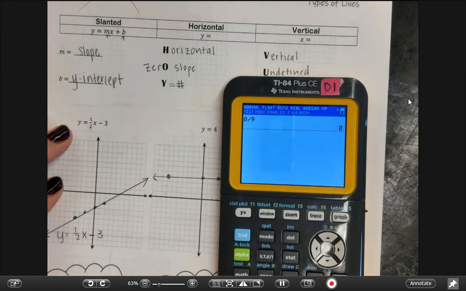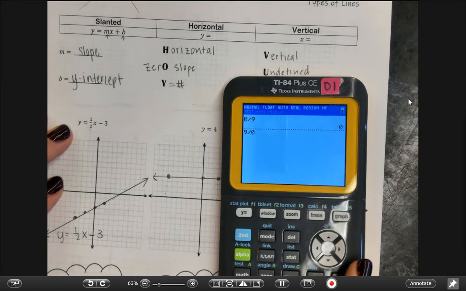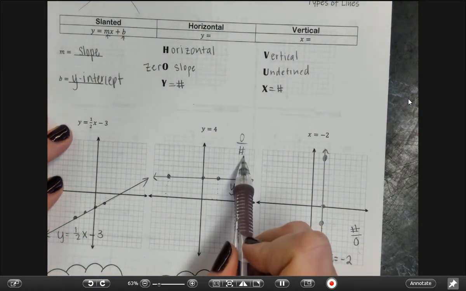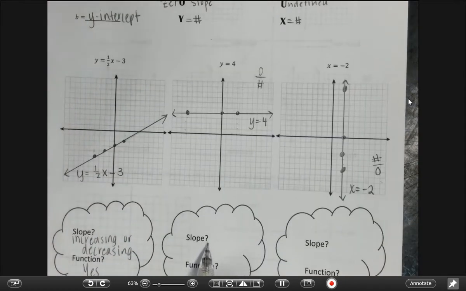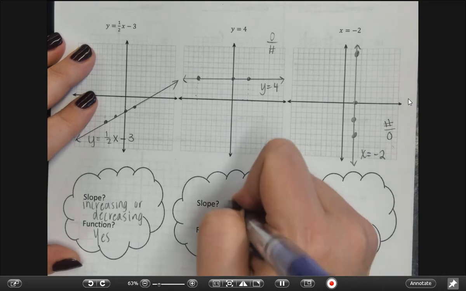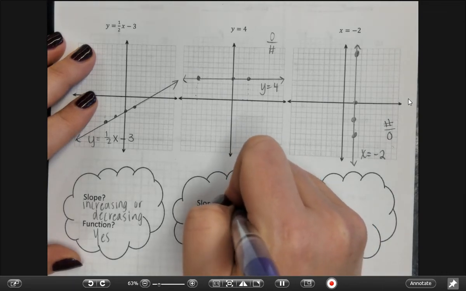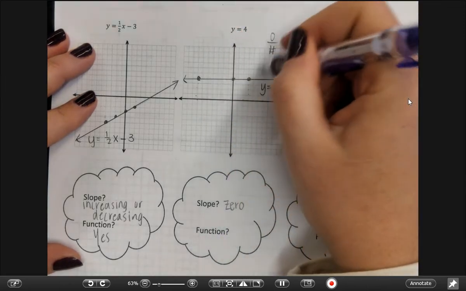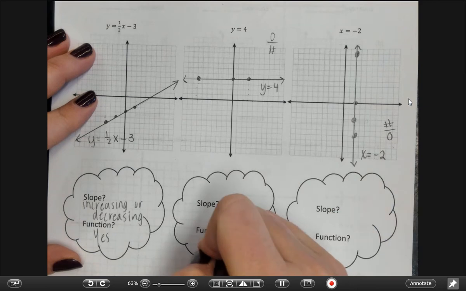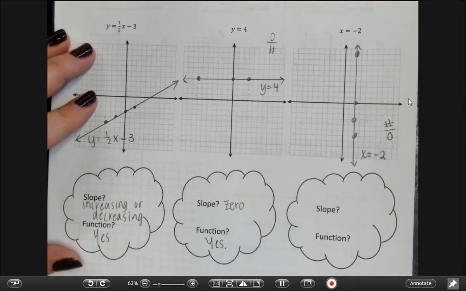But if I did 9 divided by 0, it would say, no, you cannot do that, okay? But 0 divided by a number, that's just 0. So the slope for these horizontal lines is 0, okay? Is this a function? Well, does it pass the vertical line test? Yeah, this is a function, okay?